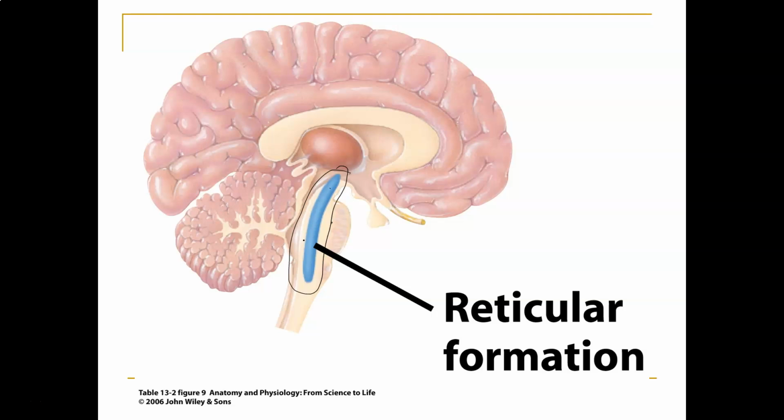That's our reticular formation. And then there's also a part of it called the RAS, reticular activating system. That sends nerve impulses to your cerebral cortex when you're awake, and those are shut off when you're sleeping.